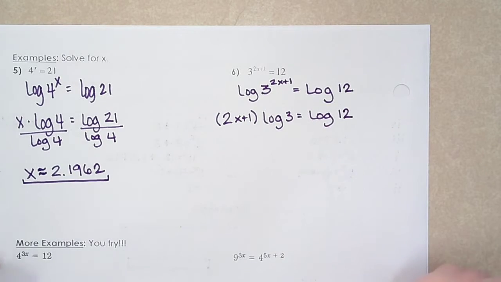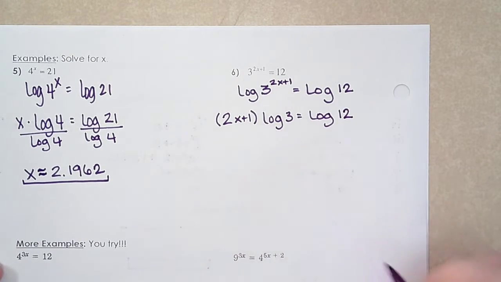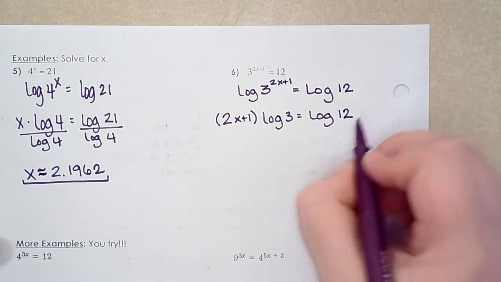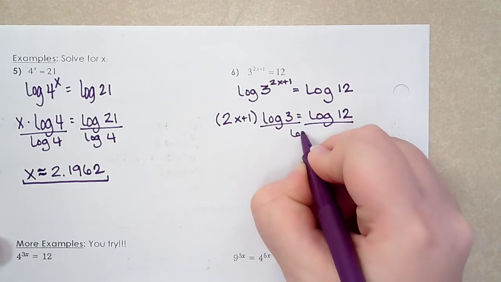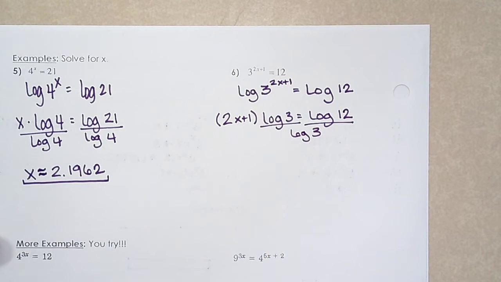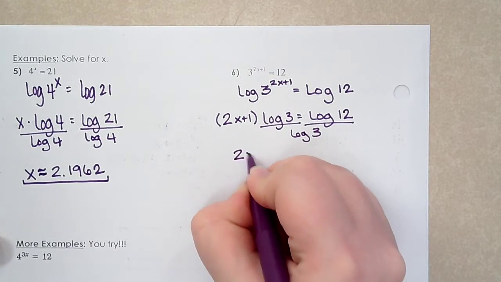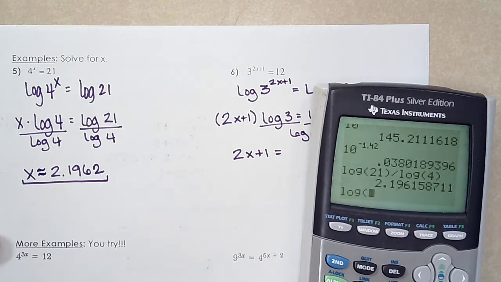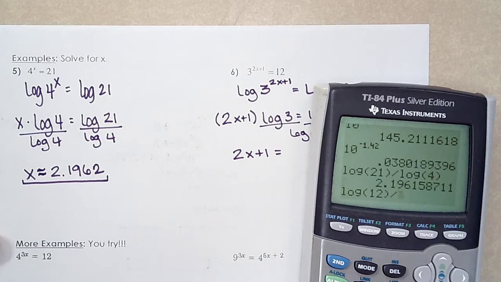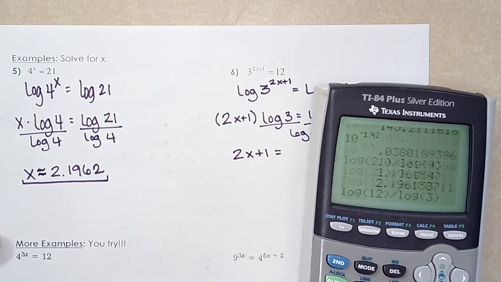Why do I like this? Well, because technically log 3 is just a number. So all I'm doing when I divide both sides by log of 3 is dividing a number by a number. And I end up getting 2x plus 1 is equal to log of 12 divided by log of 3. Again, notice I'm being careful with those parentheses.